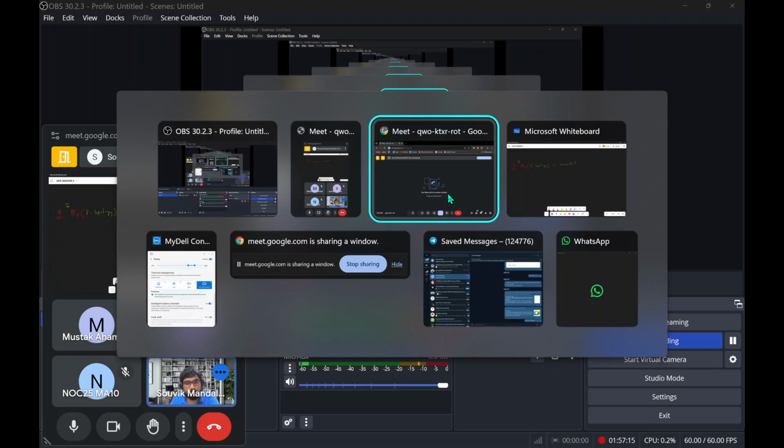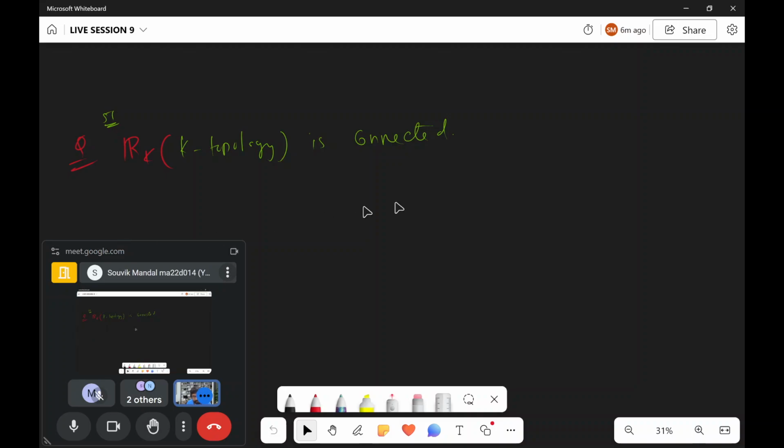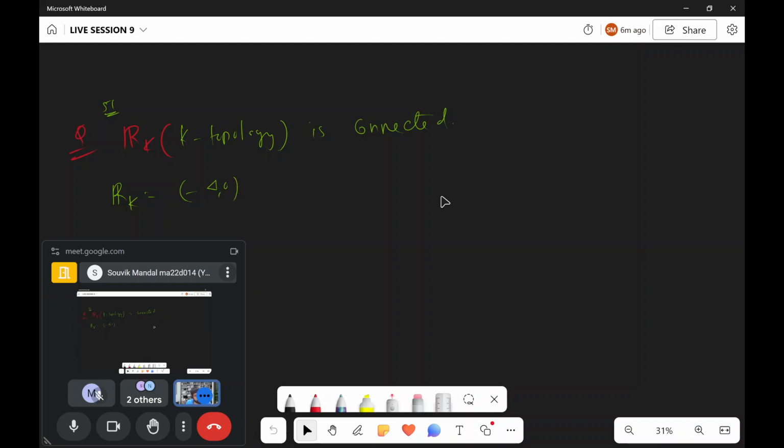Okay. So first of all, look, R_K is equal to (minus infinity, 0) union [0, infinity).